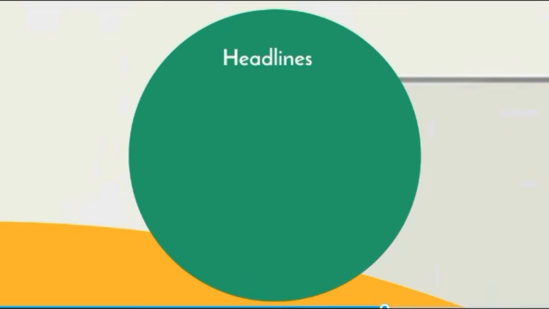The title is the first thing the reader sees, and it is extremely important. 80% of your readers will stop reading at this point if the title does not grab their attention. Certain words create interest when used in titles or headlines.